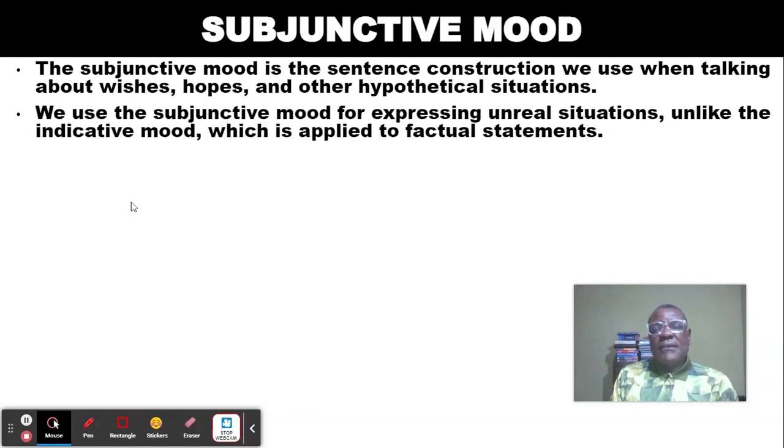All right. We use the subjunctive mood for expressing unreal situations, unlike the indicative mood, which is applied to factual statements. So you can see the difference between the subjunctive mood and the indicative mood. Indicative mood deals with facts or factual situations.